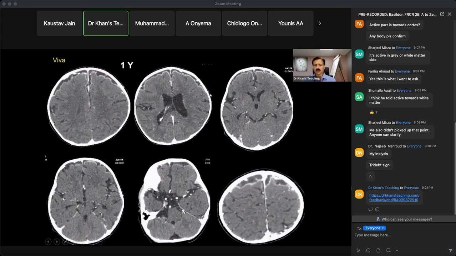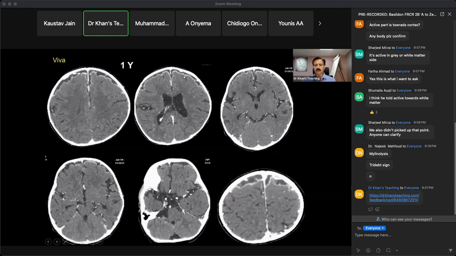This is a case of meningitis. If you can see that there is enhancement of the surface of the brain, what is on the surface of the brain is what we call pia mater. So leptomeninges is something which dips down the sulci. But here is a space which is subarachnoid space.